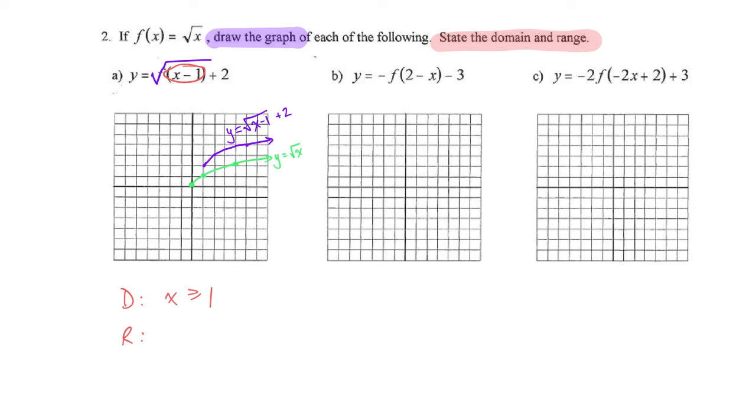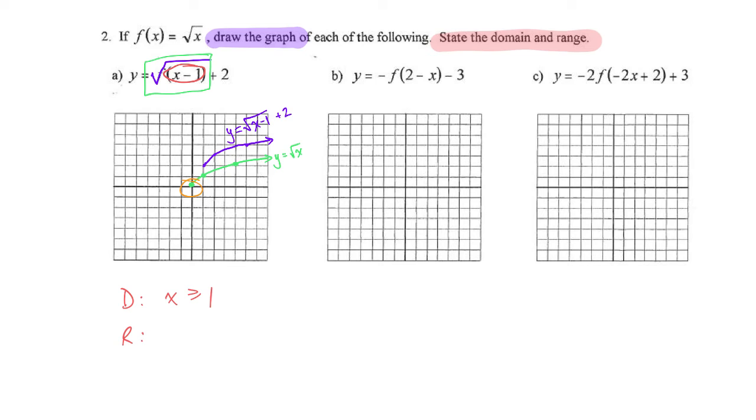Okay, it's a little more difficult to determine range because we're talking about outputs now. But the way we can think about it is to think about our root in its entirety. I boxed that in green because I want you to think about it as your base green graph. What is the smallest value that a square root function can give you? Our base square root function, the smallest value it can give is 0. As soon as there is any other number underneath that root, it's at least going to give me a bit.